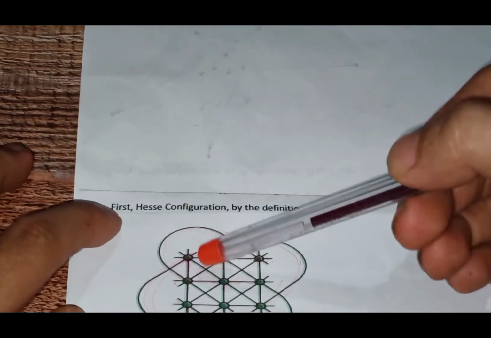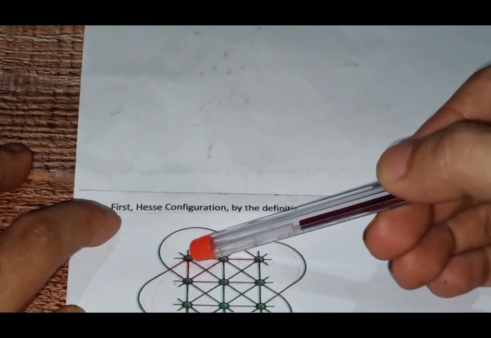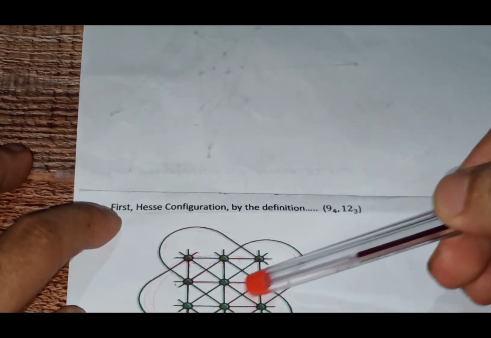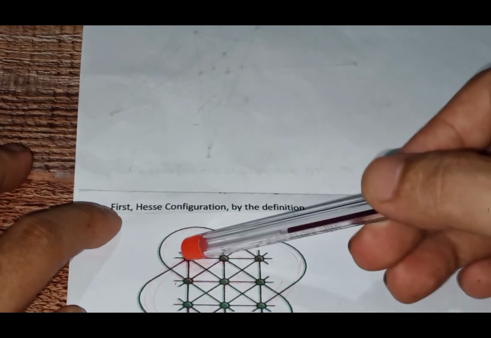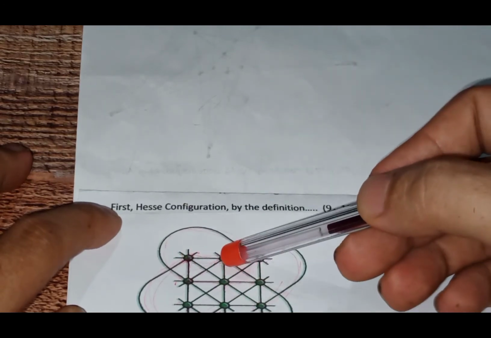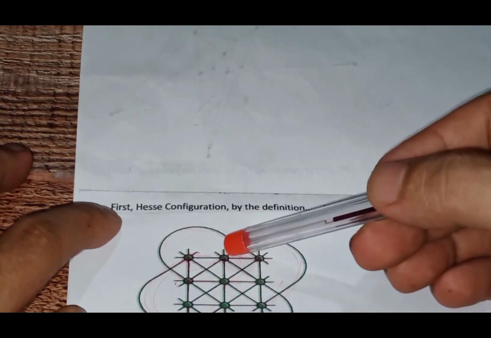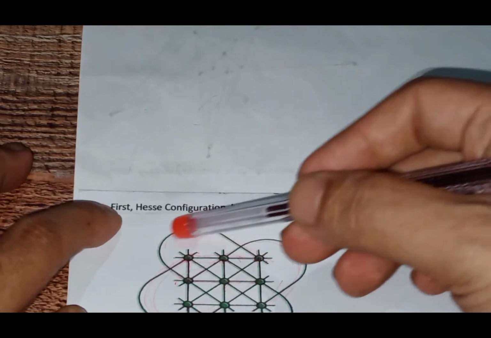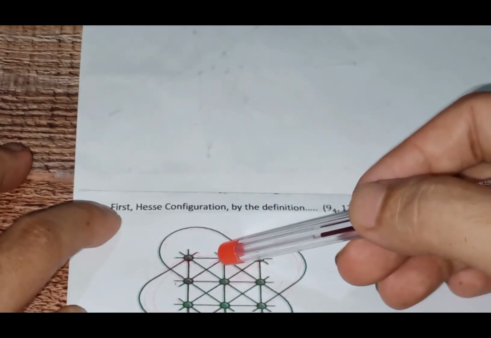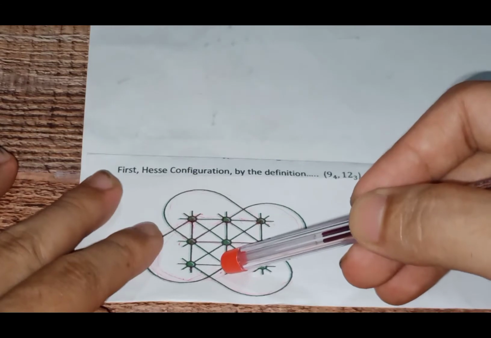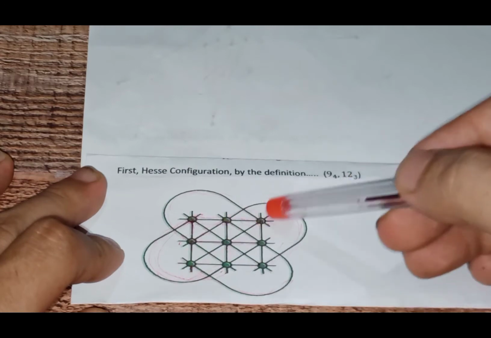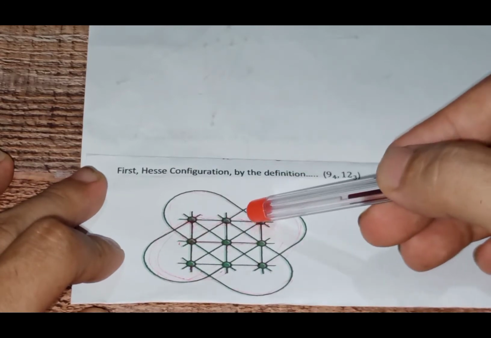Now let's see. This point has 4 lines, which are 1, 2, 3, and 4. Next point is also 1, 2, 3, and 4.